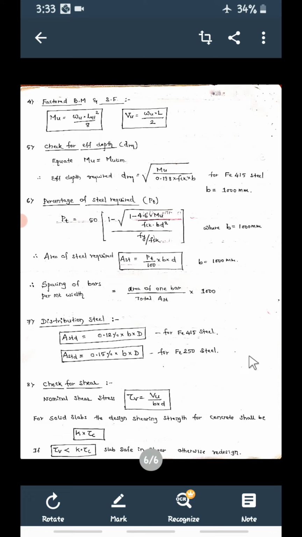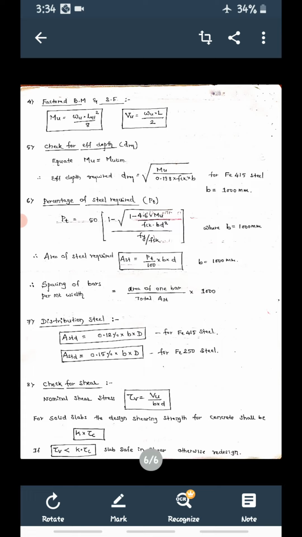Next, you have to draw the sketch showing the reinforcement detail. Remember, what is the major change between design of beam and design of slab? The slab will be designed for 1 meter width, so the width of slab, small b, will always be 1 meter or 1000 mm.